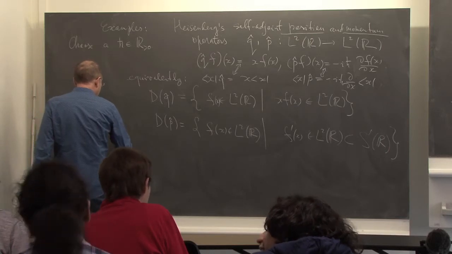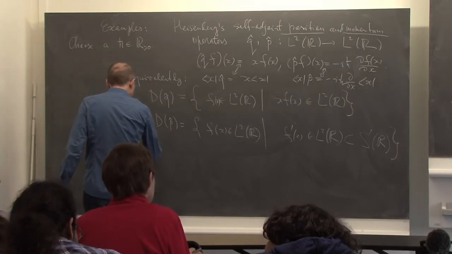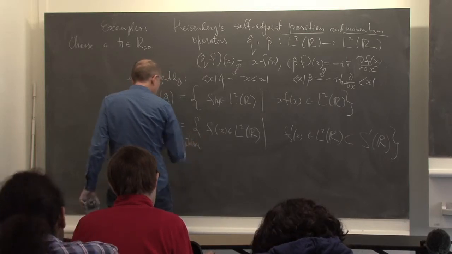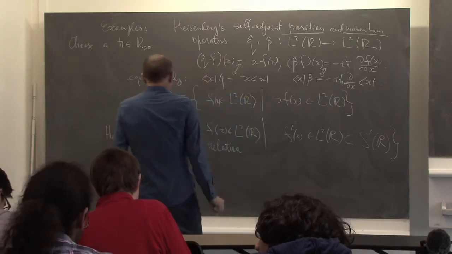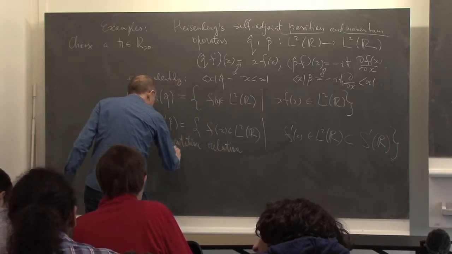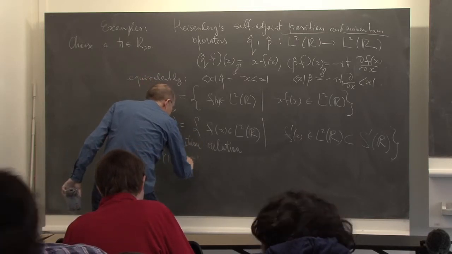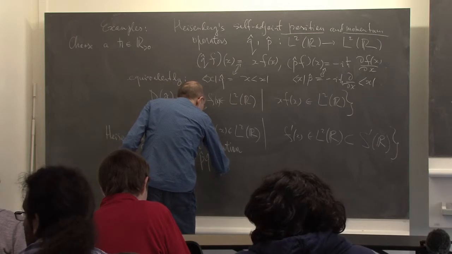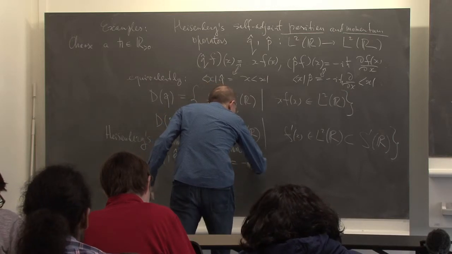Then we have Heisenberg's commutation relation, which tells us that if we take the PQ commutator, which is by definition just P times Q minus Q times P, this is equal to minus i h bar.